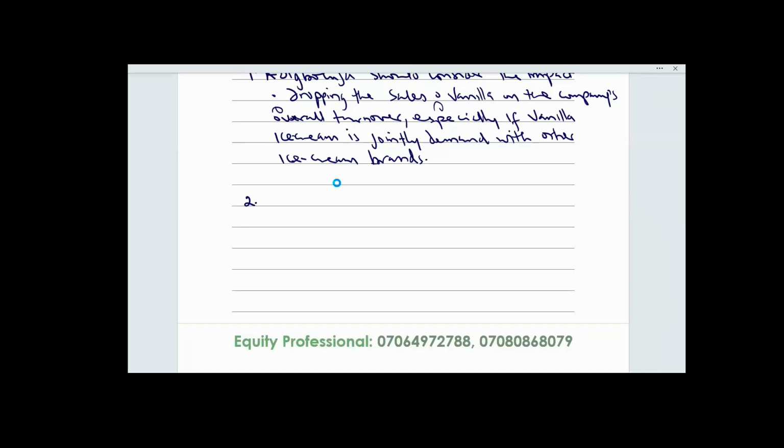The other products that they are producing are chocolate and strawberry. And if the staff in these departments see that Adigboluja shut down vanilla, the morale of the workers on these other two brands will actually drop, thinking that the same could happen to them. Yeah, that's a valid point. Thank you, sir.